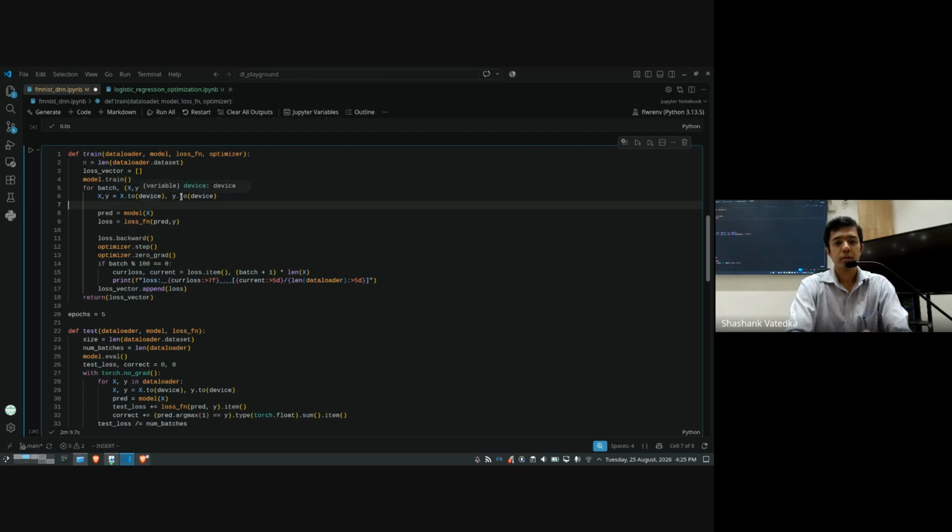The first step is, again, you have to load both X and Y to the device, which is your CPU or GPU. If you're just using the CPU, this doesn't provide any added benefit. But when you're using the GPU, it's always advantageous to put everything on the device so that processing can become faster.